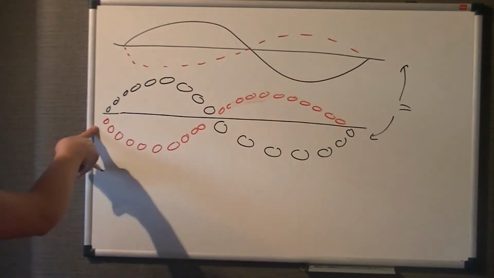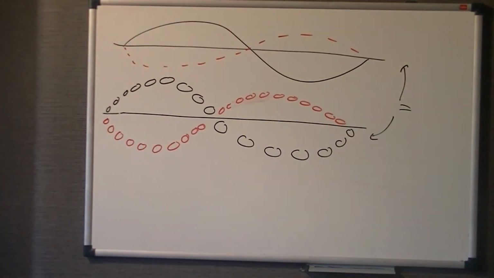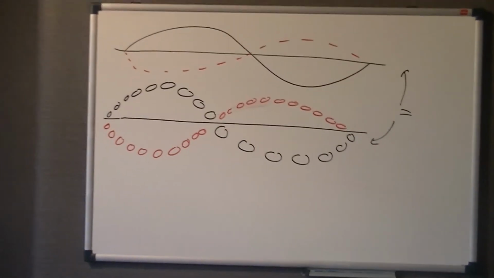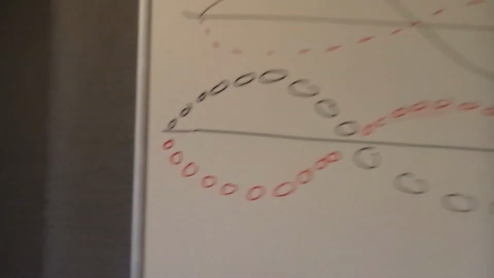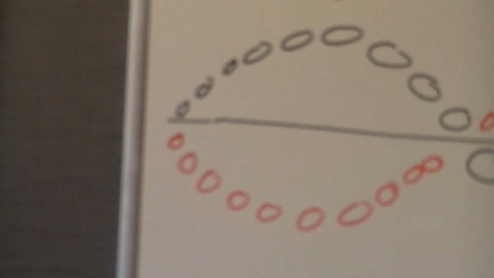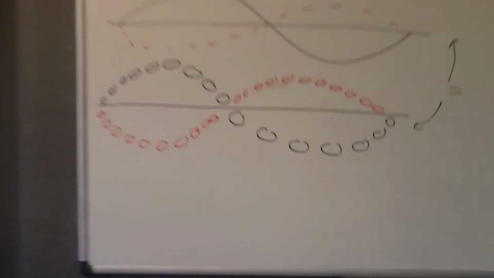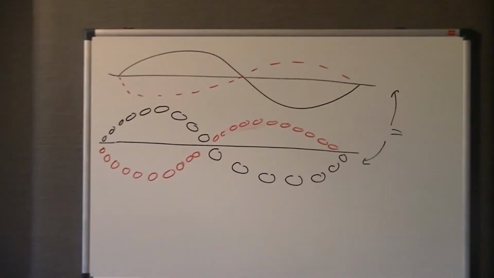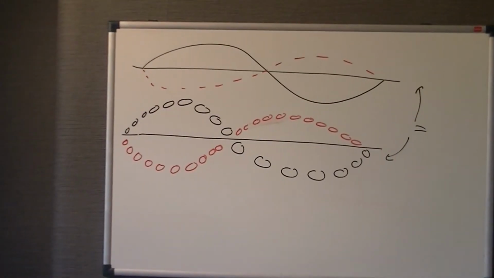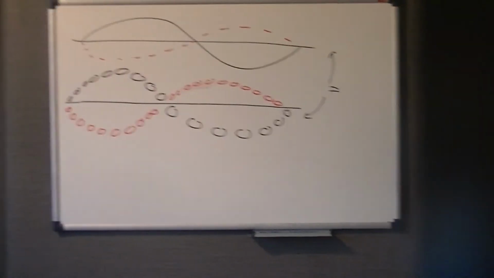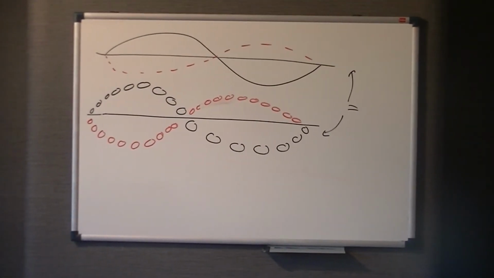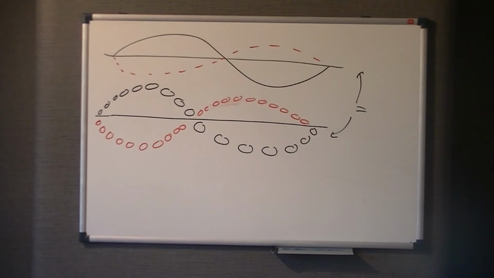I'll zoom in to make it a bit simpler. The first two particles there are 180 degrees out of phase. The second two are 180 degrees out of phase. So each particle with its adjacent one is 180 degrees out of phase. That's why they constructively and destructively interfere at these points.